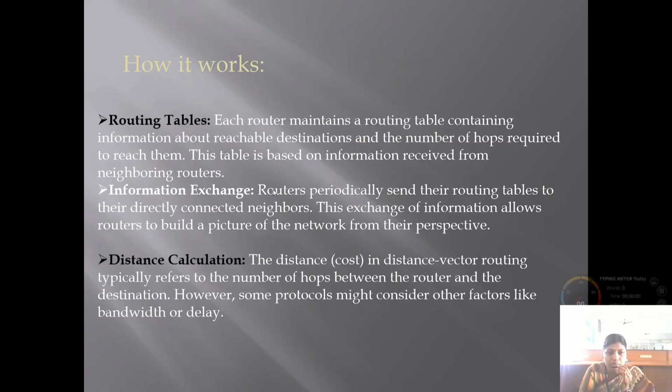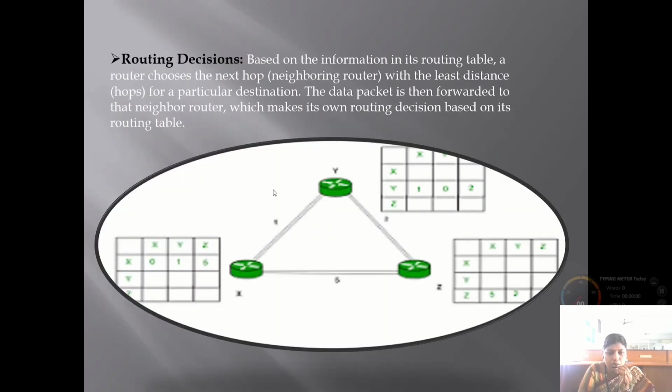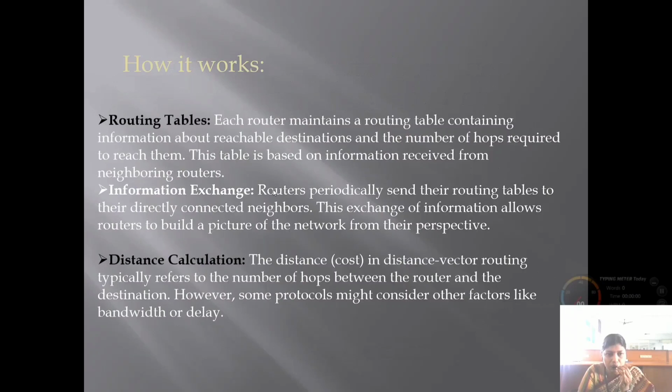It depends upon routing tables, routing decisions, and distance calculation. Routing tables: each router maintains a routing table containing information about the reachable destinations and the number of hops required to reach them. This table is based on information received from the neighboring routers. The information is periodically sent from the routing tables to directly connected neighbors.